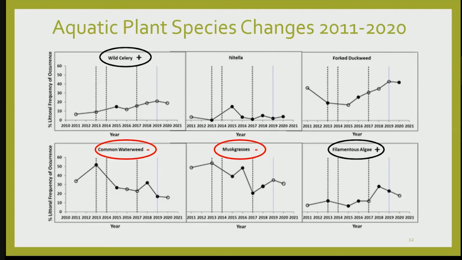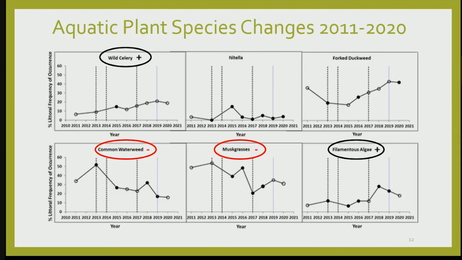Solid circles tell us there was a significant change compared to the previous survey. Some of the plant names have a black plus sign or a red minus sign. A black plus sign means there was a significant increase in 2020 compared to the first year, 2011. The red minus sign means there was a significant decrease in 2020 compared to 2011.